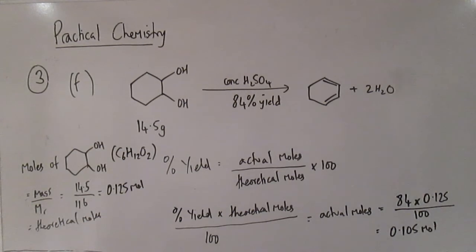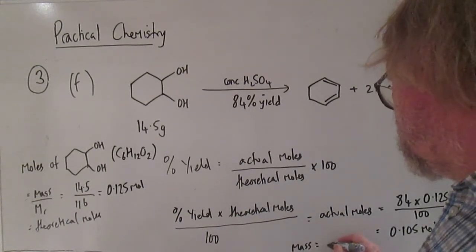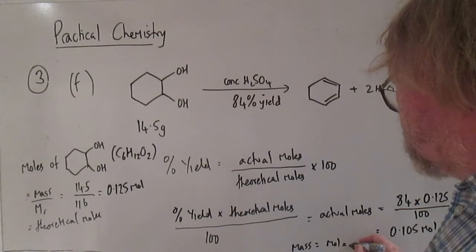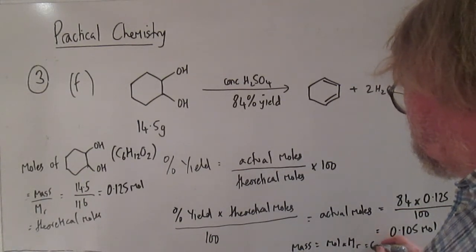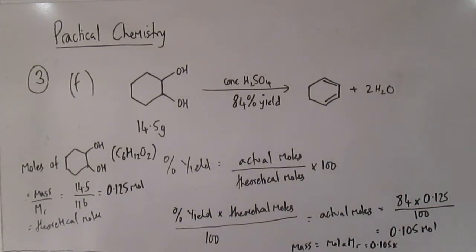And now we're almost there, but all we have to do is turn that back into a mass. So we just get mass is equal to moles times MR, which is 0.105 times, and of course it's going to be a different MR, because we've lost 2 waters.